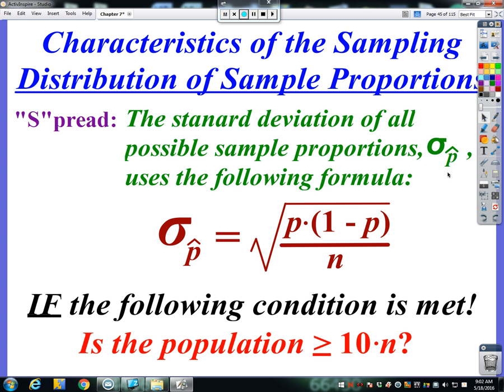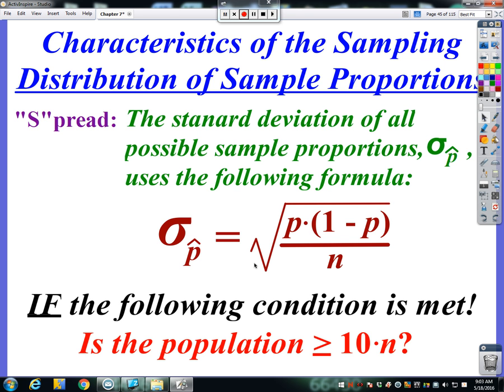We're not going to, because we're only going to take one sample, but theoretically, it would follow this formula here: sigma sub p hat would be equal to the square root of all of this loveliness. And once again, if we don't know what the true population proportion is, then we can replace p with p hat, the sample proportion. Why can we just replace p with p hat? Because p hat is an unbiased estimator of the true population proportion p.